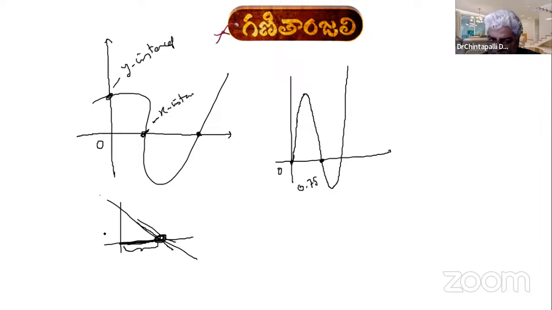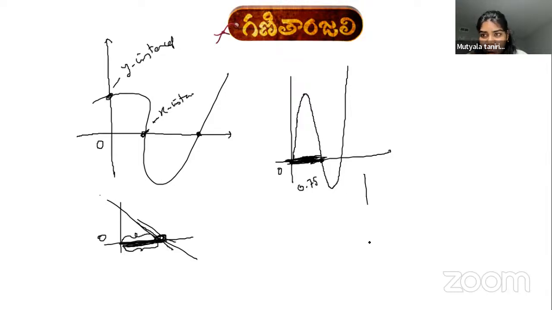The distance between the origin and this point is called the x-intercept. Here the x-intercept is 0.75 because the distance from 0 to this point is 0.75. But can we get this type of length on the y-axis? No. That's why the y-intercept is simply 0.